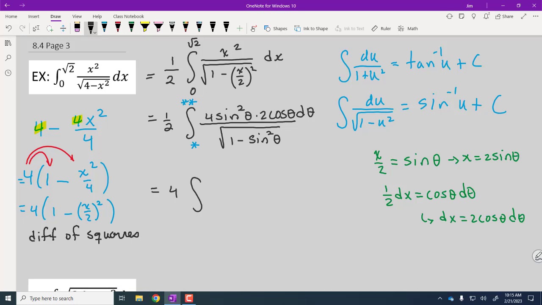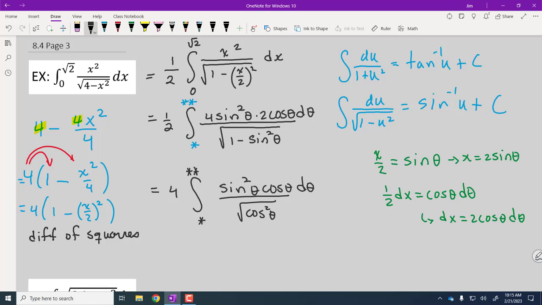So constants to the front. 8 divided by 2 is 4. And we'll write every single step of this one down so we don't miss a beat. In the denominator, 1 minus sine squared is cosine squared. And we don't know these limits yet.